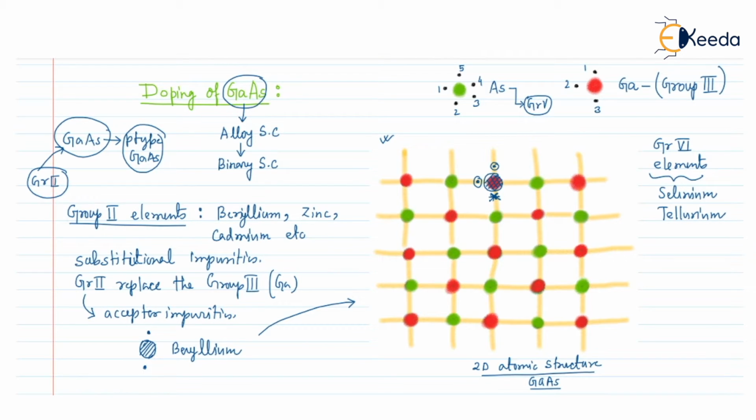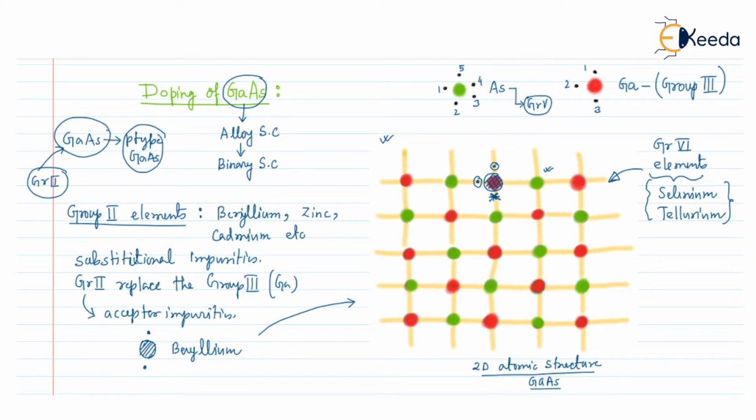These impurities will act as substitutional impurities inside the gallium arsenide when we dope it, and they will replace the group 5 arsenic element. So these are the arsenic atoms, the green ones. They will replace these green atoms.